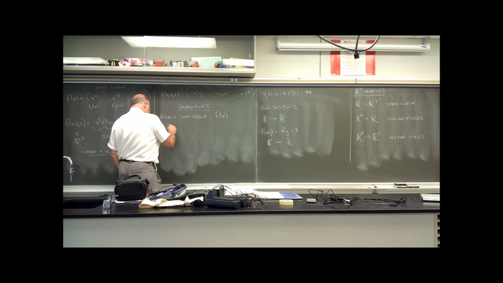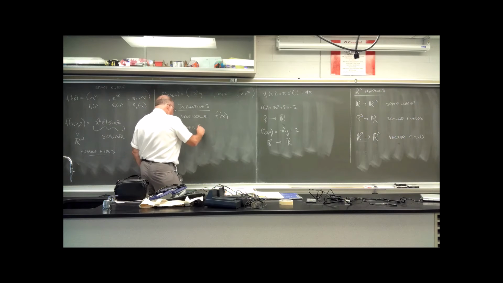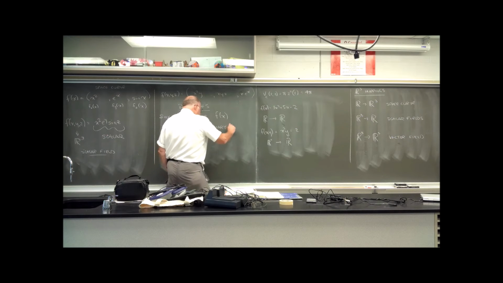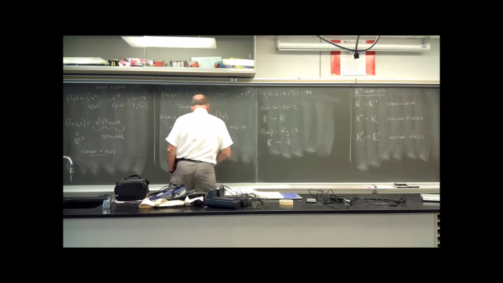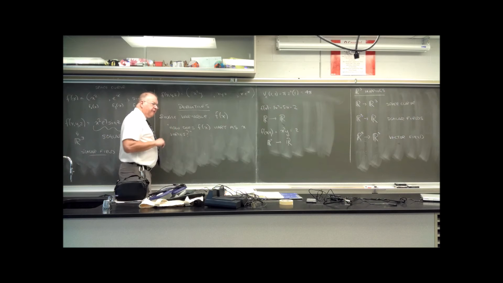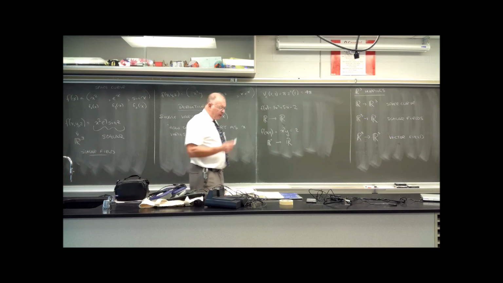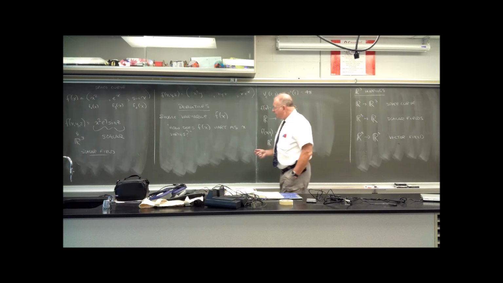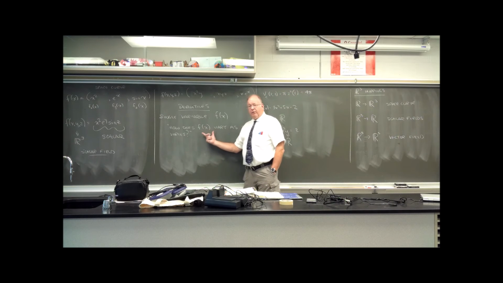The question here is, how does f of x vary as x varies? Now we have different techniques to figure this out, the product rule, the chain rule, this and that, the other rule, fair enough. But the concept is, how much and how does this change as a function of x varying?